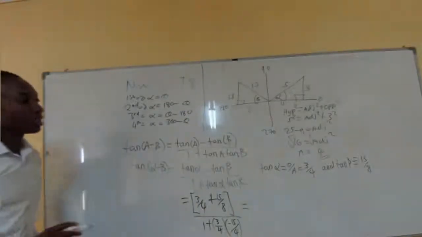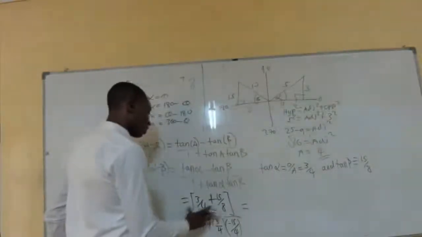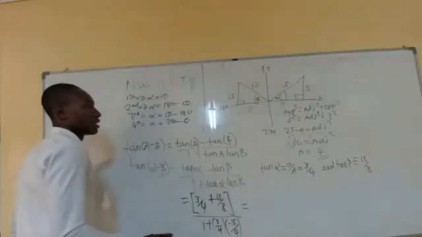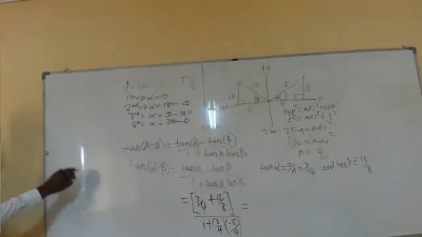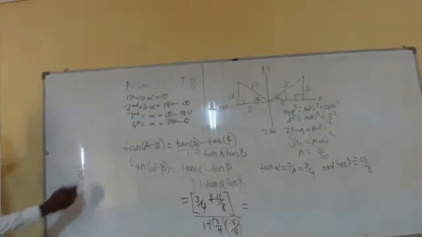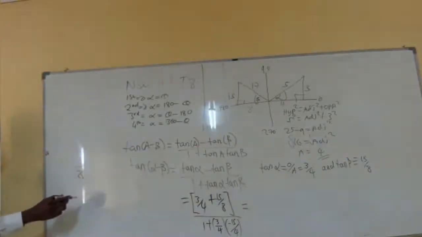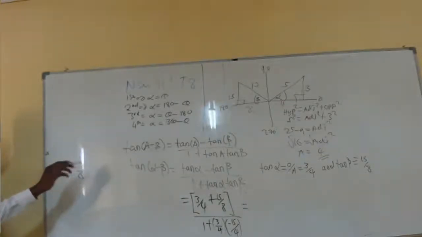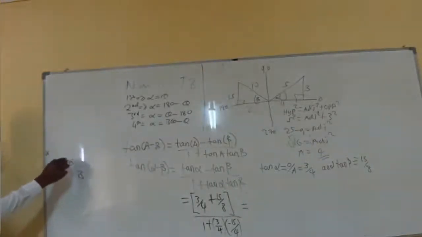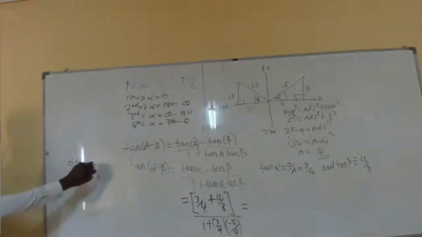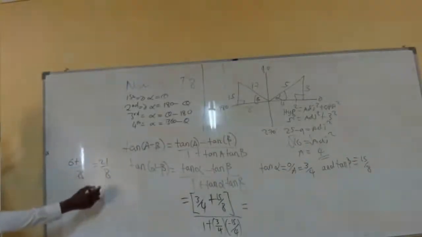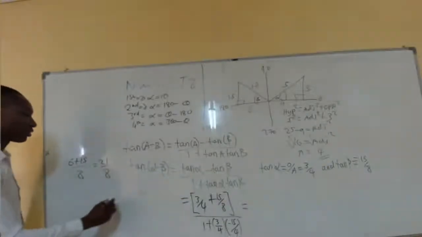Now we know that tan alpha is 3 over 4, so we can actually evaluate that. Doing that, what's 3 over 4? Common denominator there is 8. So 4 into 8 is 2, so it's 6 plus 15 over 8, which is 21 over 8. Okay, so the numerator is 21 over 8.